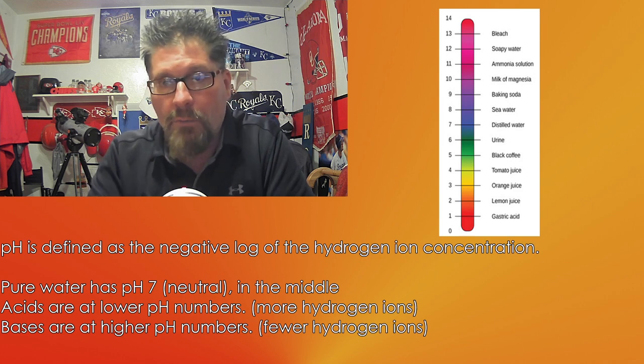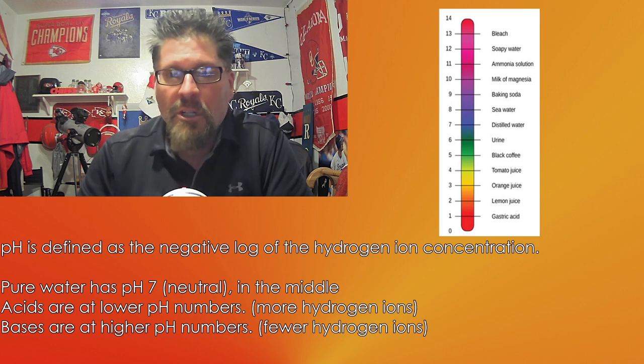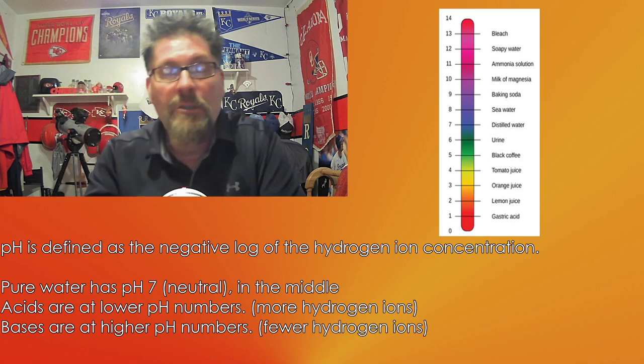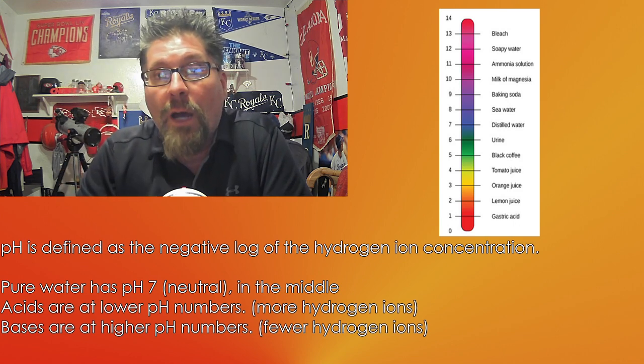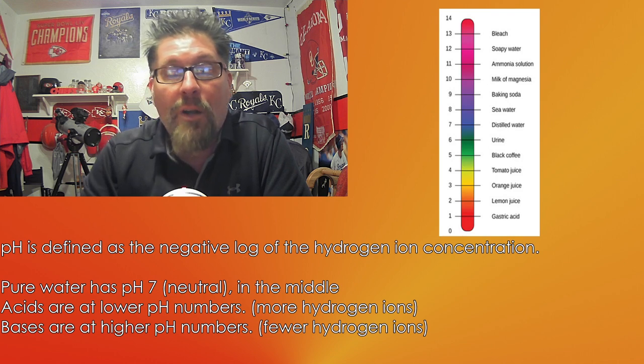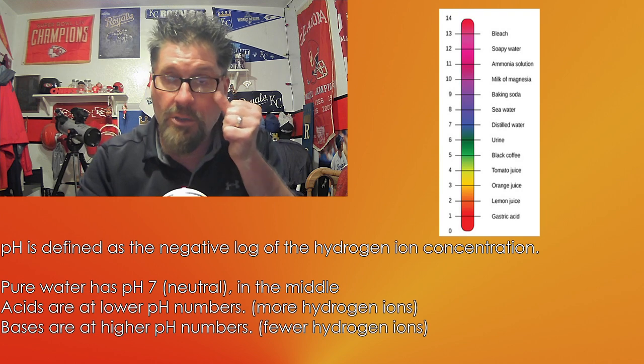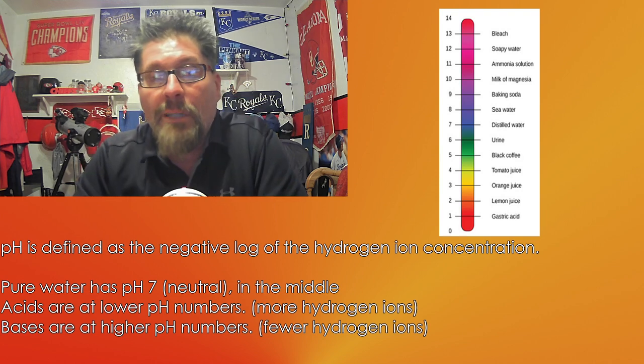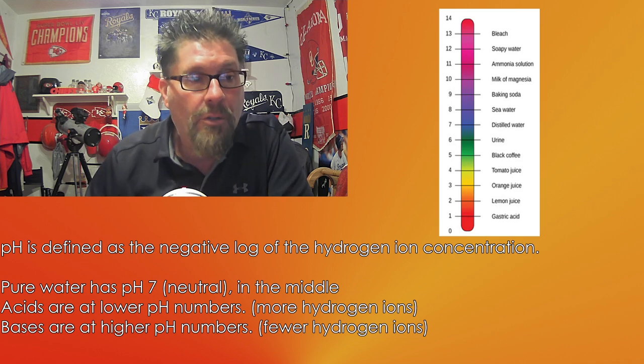And as we talked about, the lower you go as an acid, the stronger you are. The higher in numbers that you go as a base, the stronger you are. But that's the idea of the structure.